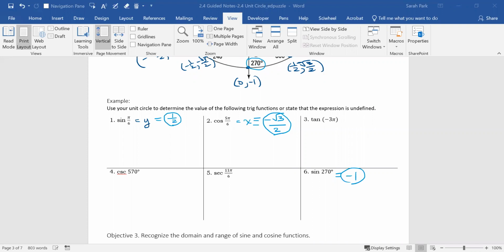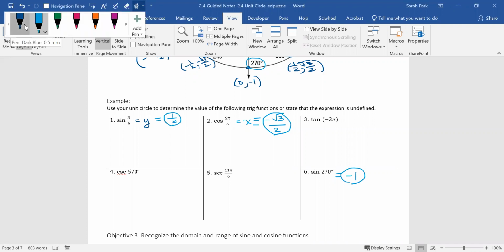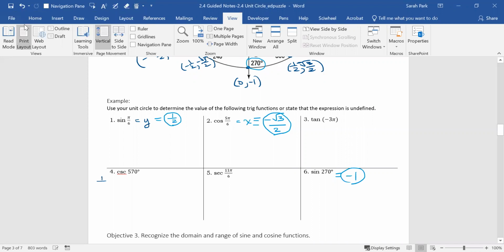Okay, so let's look at, actually, let's look at cosecant of 570. So cosecant is the reciprocal of sine. And so that's here, cosecant of 570. We want to look at where the coordinate for y, 1 over y. The issue with 570 is that it's not on the unit circle.